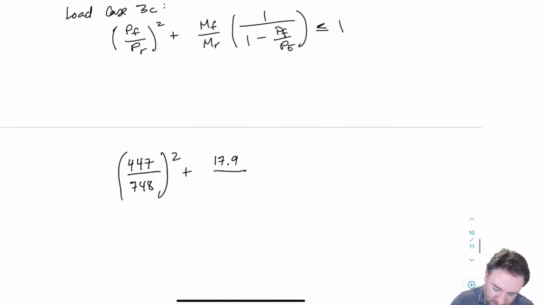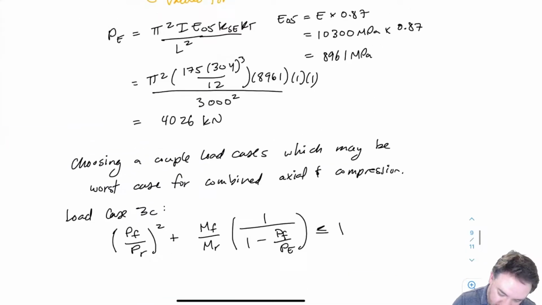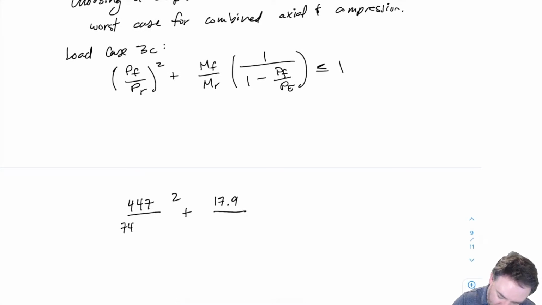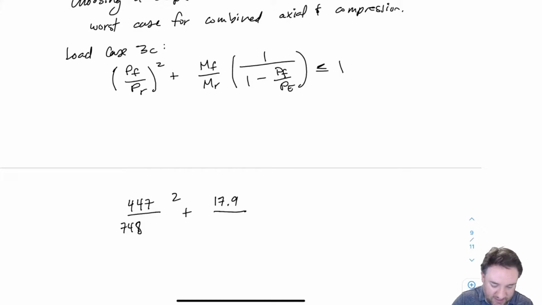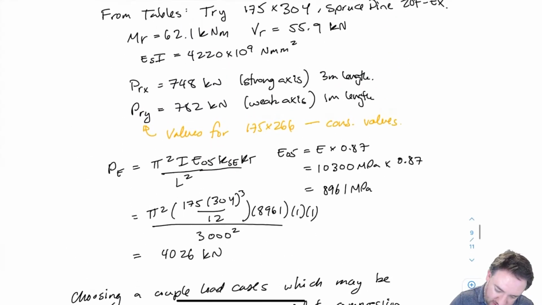oh, I forgot I have to multiply this by 1.15. I have to remember that this is a load case that has KD of 1.15. So I'm going to put 1.15 here. Okay, this is MF, and then MR, we saw that it's 62.1.